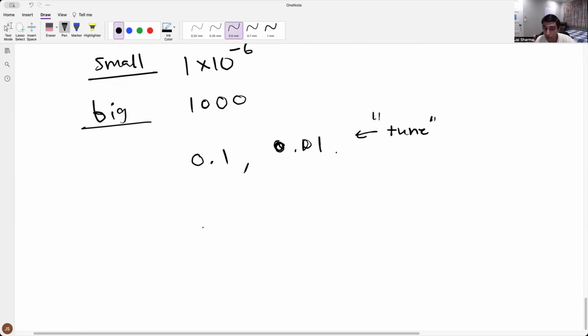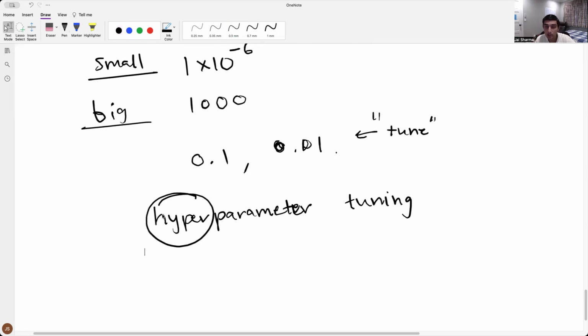And the process of tuning parameters like alpha that decide how your training is executed is called hyperparameter tuning. So alpha is a hyperparameter because it's used to decide the learning process.